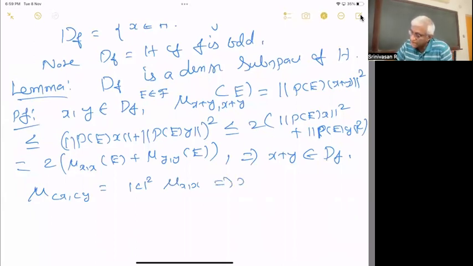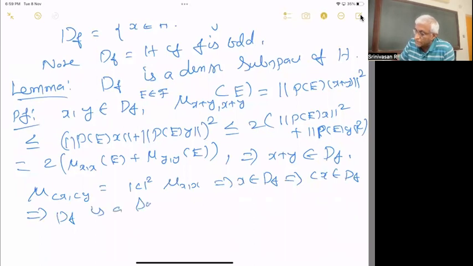So x in D_f implies a constant times x is also in D_f. From all these things, we conclude D_f is a subspace. Unfortunately, we have to verify all these things. We only have to prove it's dense.